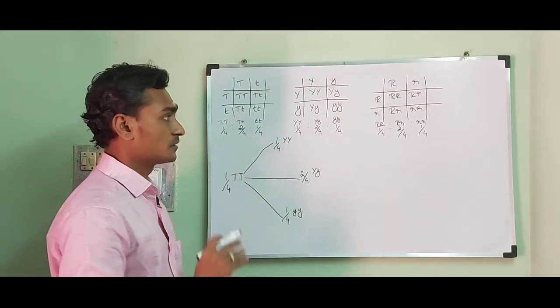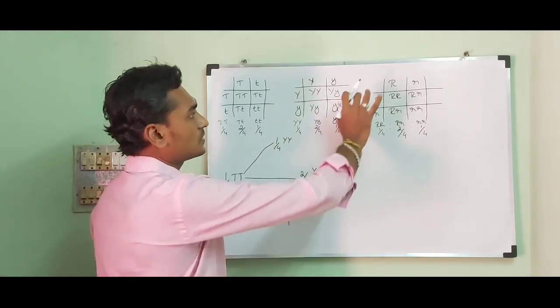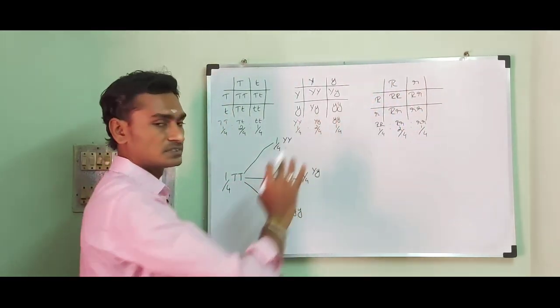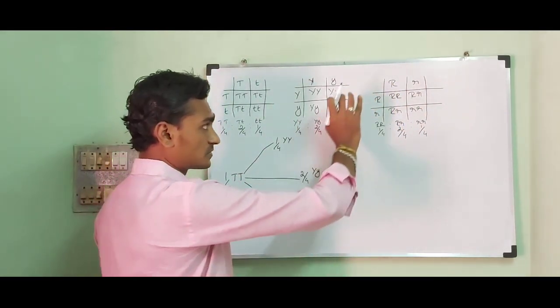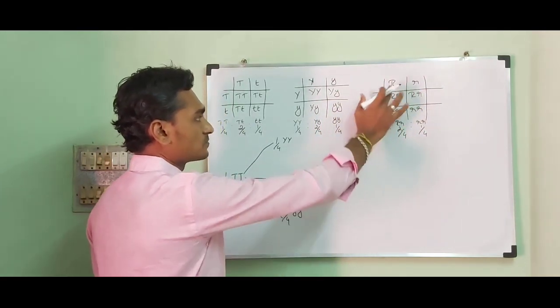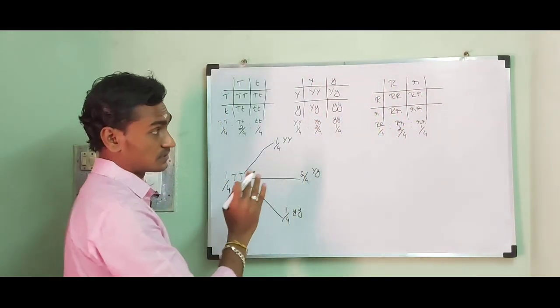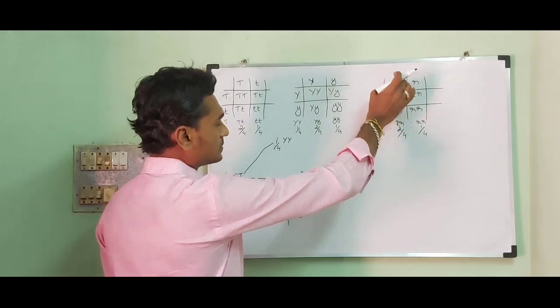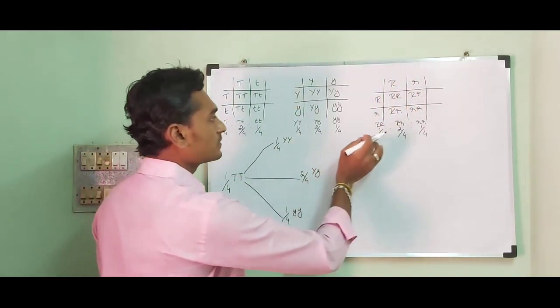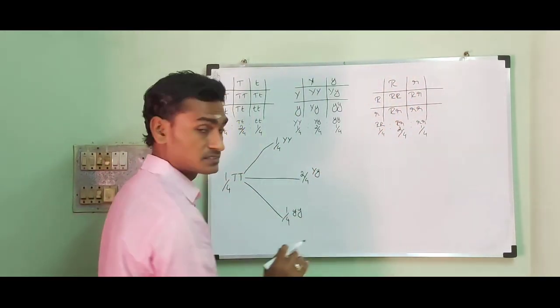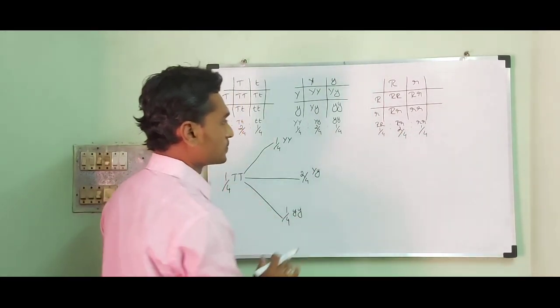Now I am going to take all the results from the third square, that means the seed shape. So here we have 3 possibilities with 3 different proportions.